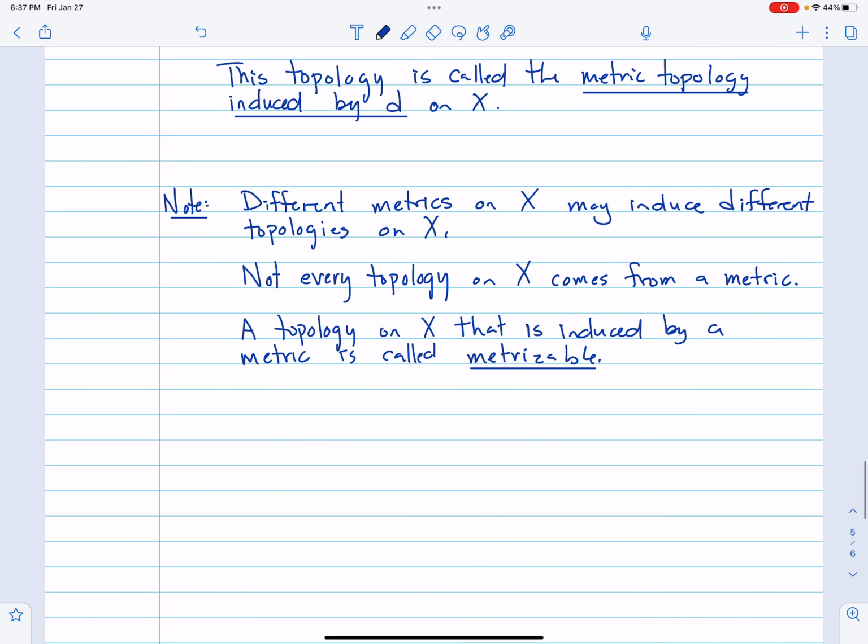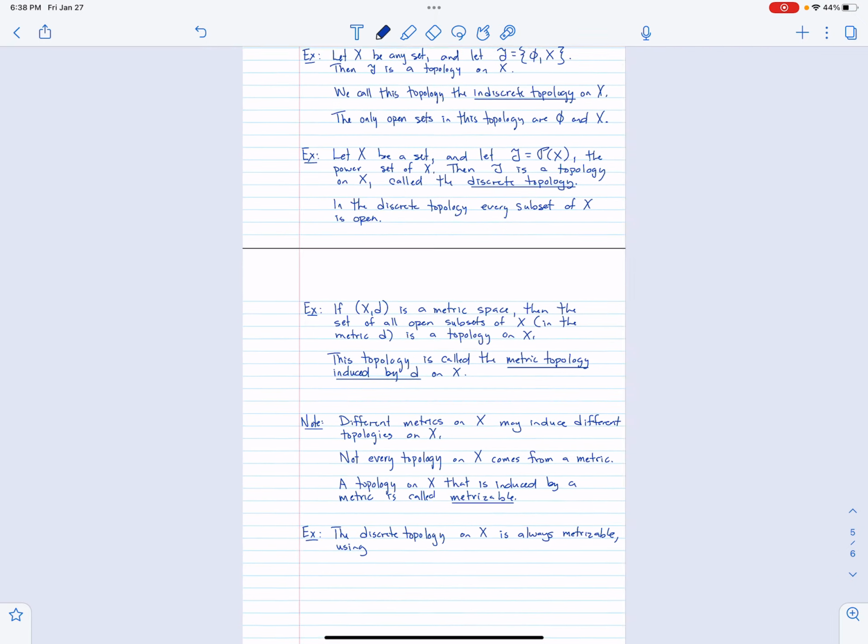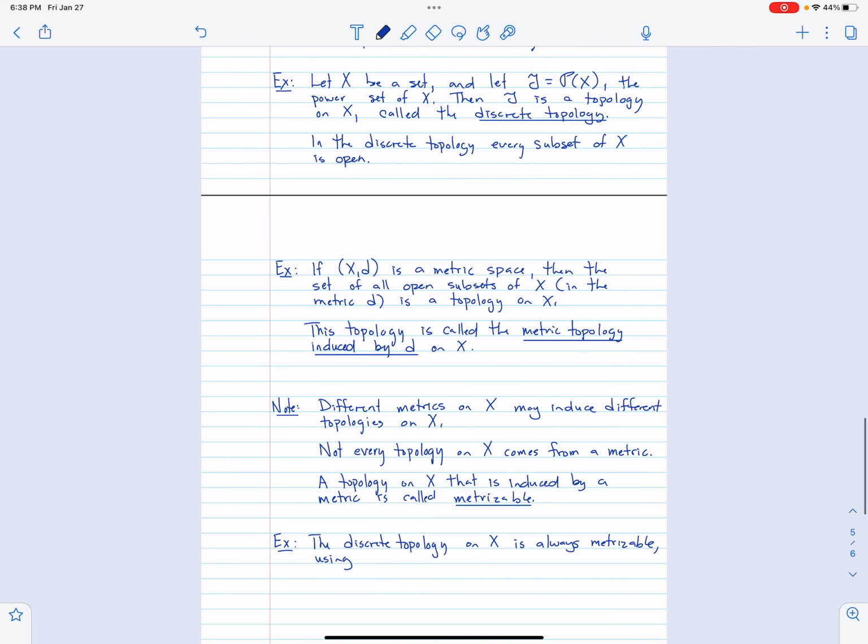As an easy example of a metrizable topology, notice that the discrete topology on X is always metrizable. Let's think about this for a second. Remember, the discrete topology is the topology where every single subset of X is open.